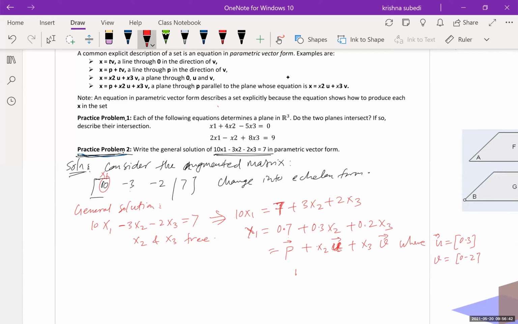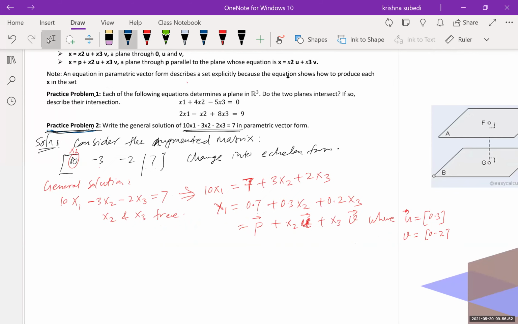As a matter of fact, they are just lines on the axes. Anyway, in this case, when we have two free variables, this is the equation of a plane. Equation of a plane.